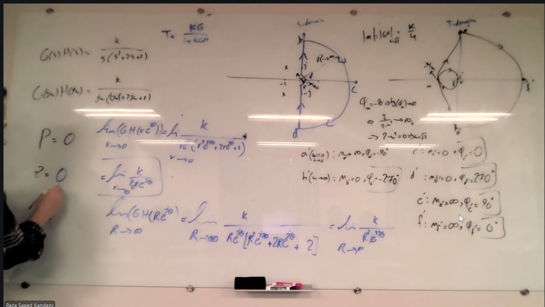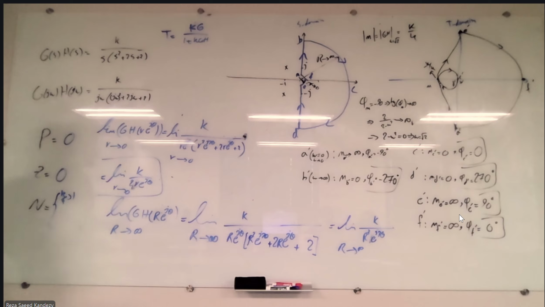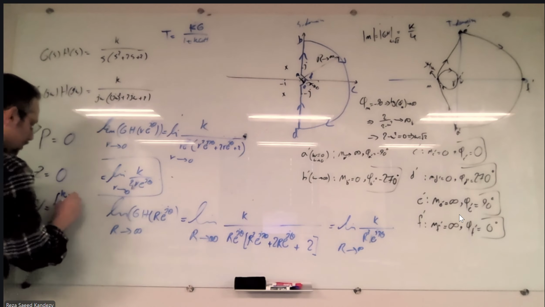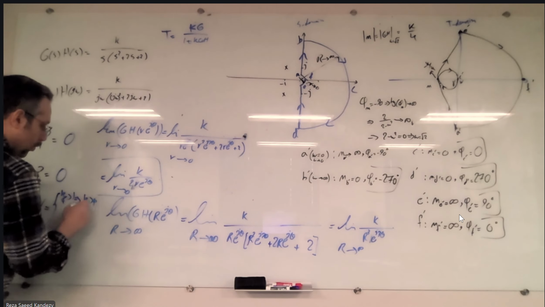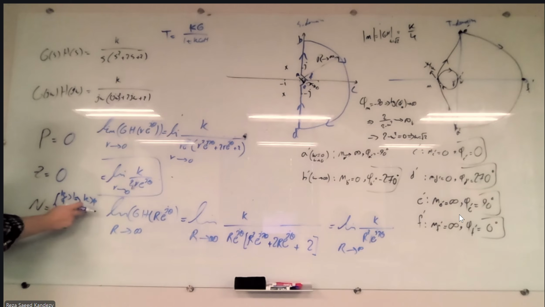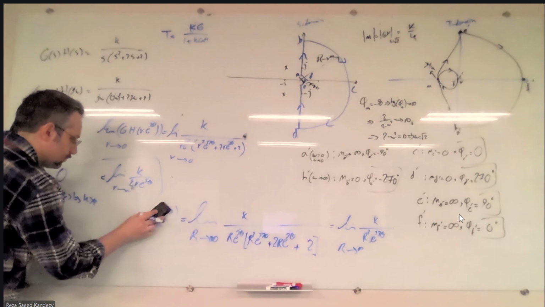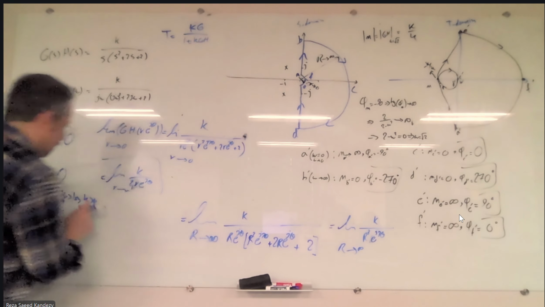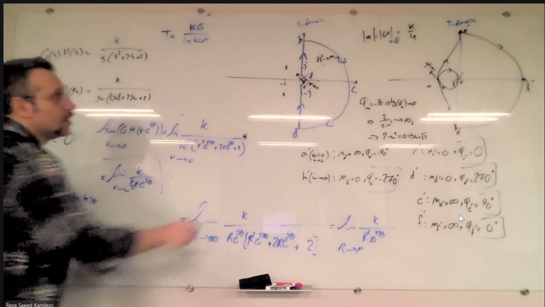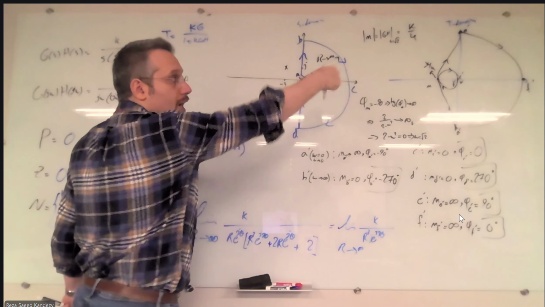Here we have two situations. If K over 4 is bigger than 1, that means K is bigger than 4, okay, what's going to happen? Minus 1 would end up inside that circle.